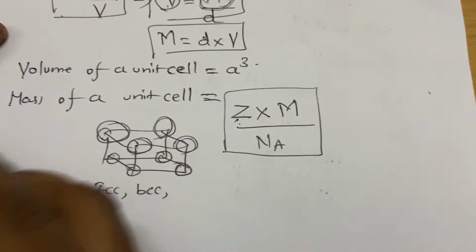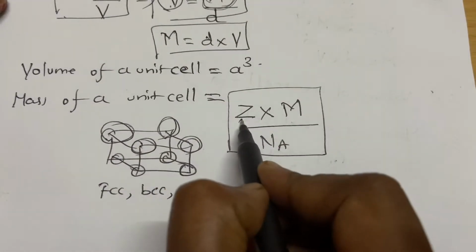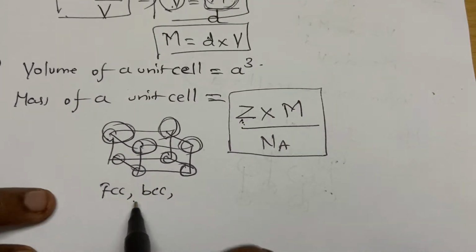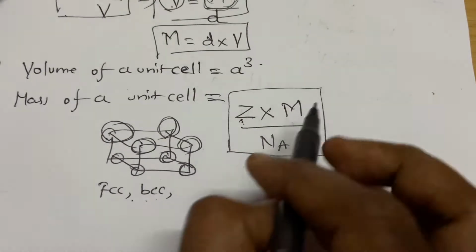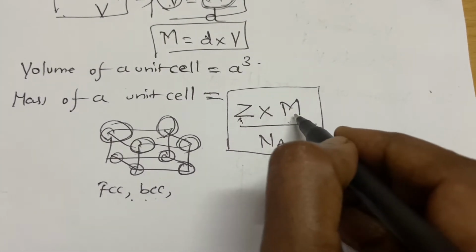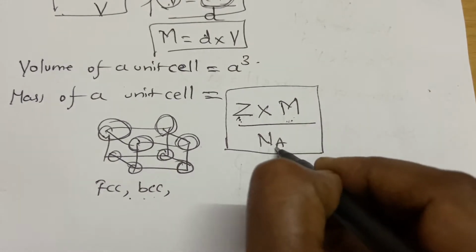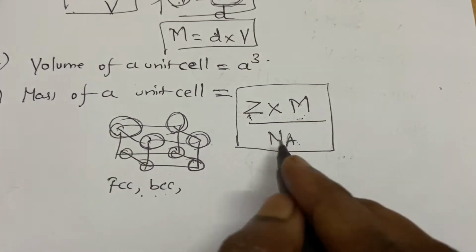That will give you the mass of a unit cell. This number is the effective atomic number of the particular unit cell, whether it is FCC, BCC or any cell. You have to remember this.